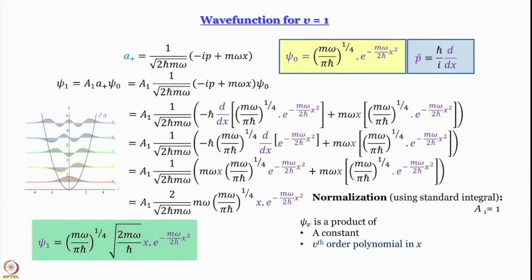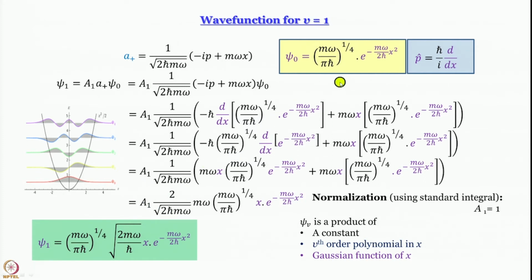And I am saying vth order polynomial already because if you look at psi 0, you see we have this e to the power minus m omega by 2 h cross x square in psi 0 as well as psi 1. Okay. The Gaussian function is there in both the wave functions, right. Some constant will be there, constant will differ from function to function.